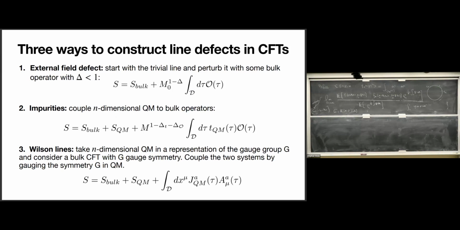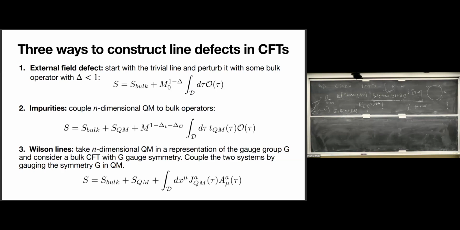There are in general 3 simple ways to construct line defects in conformal field theories. Of course, there can be more than 3 ways, but these are 3 that are simple. The first way is what people call external field defects. That is, you take some conformal field theory in the bulk, and then you take one of the bulk's operators that has scaling dimension smaller than 1, if you have such an operator in your bulk theory, and then you perturb the bulk CFT by adding a perturbation localized on the line.